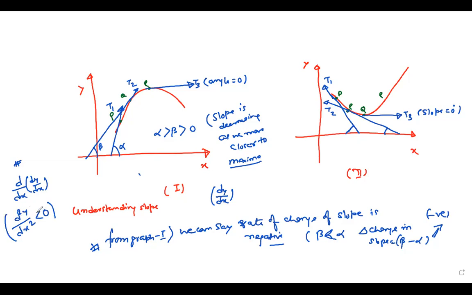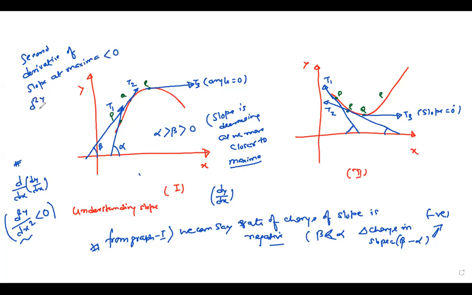Get this thing. Whenever we are approaching a point of maxima, we can see that the rate of change of slope is decreasing. Therefore, we can write that the d2y by dx square, or second derivative, at maxima is negative.